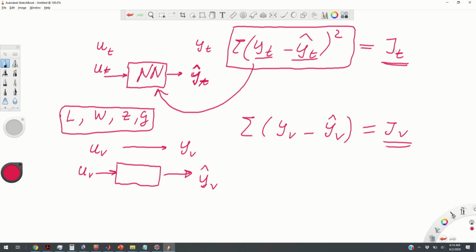Notice that the training parameters, actually the matrices that we want to learn, are computed on the basis of the training data.